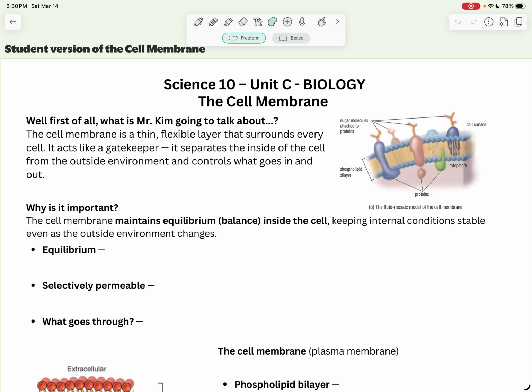Anyways, the cell membrane is a thin, flexible layer that surrounds every cell. It's like a gatekeeper. It separates the inside of the cell from the outside environment and controls what goes in and out. What you see over here on the right side is the general label of it. If you go to a higher level, you will see a more detailed one, but what you're gonna learn in Science 10 is only what you're gonna be tested on.